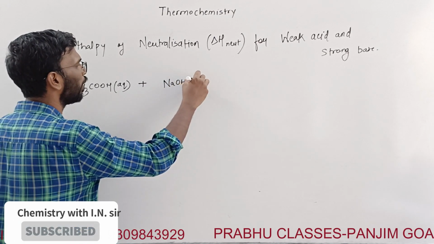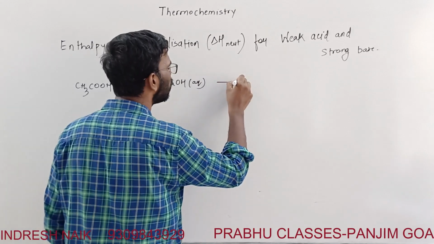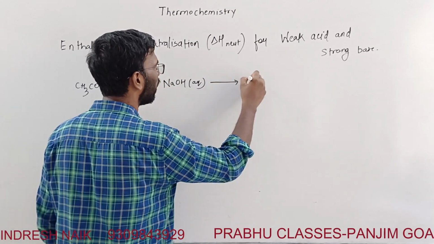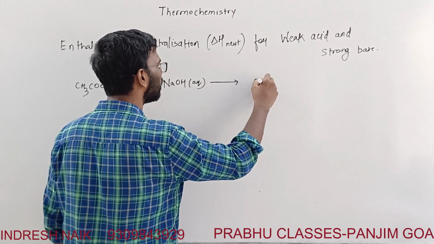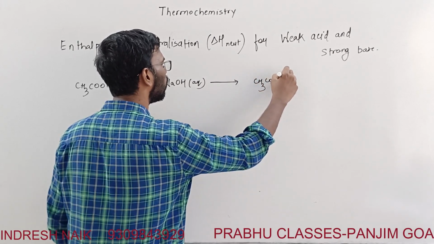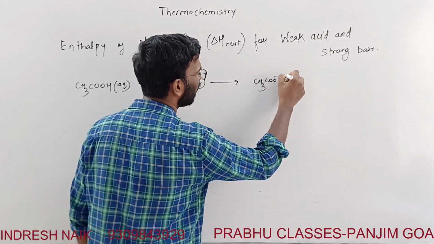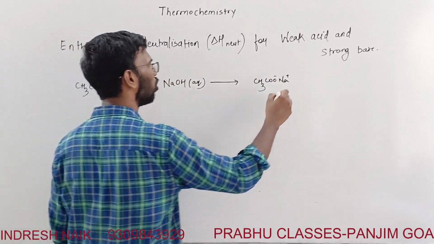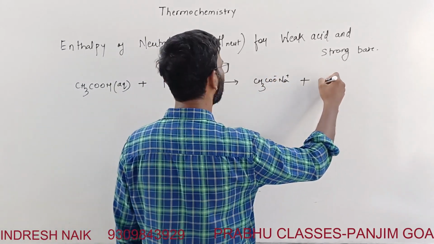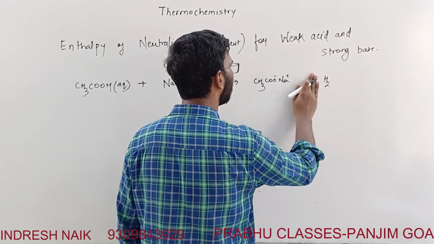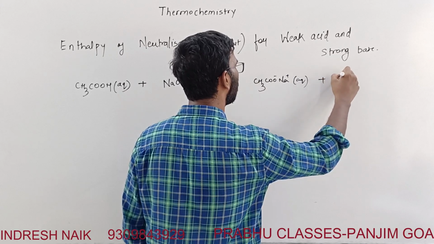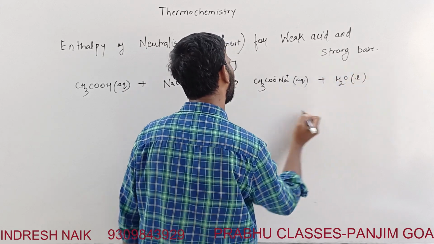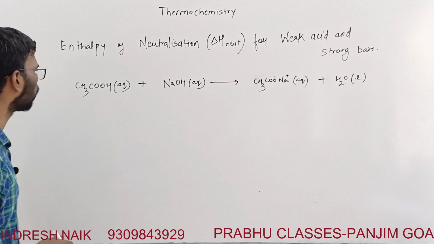This is NaOH, aqueous. This is reacting to form a sodium salt of acetate, CH3COO Na, like this is Na plus, the sodium salt of acetate, and the other is water, H2O, aqueous. So this is salt and water, that is what you are getting.